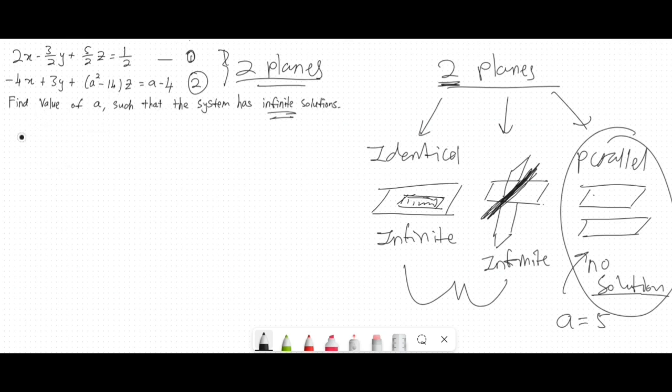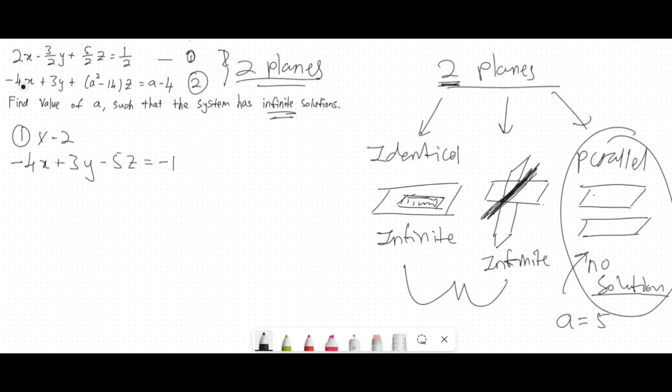Let's see. Equation number 1 times negative 2. Okay, 2 times negative 2, negative 4x. Negative 3 over 2 times negative 2 plus 3y. 5 over 2 times negative 2, minus 5z. 1 over 2 times negative 2, minus 1.